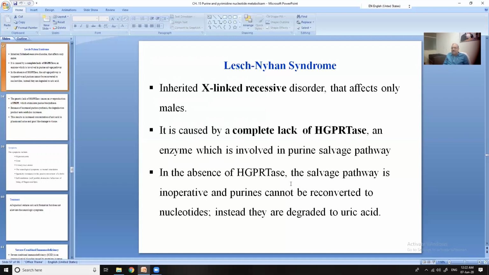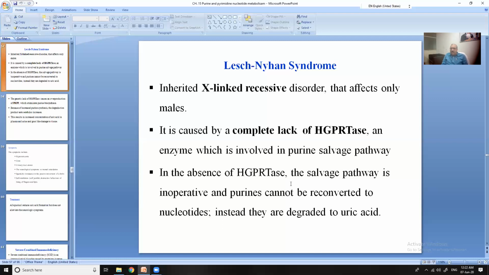Lesch-Nyhan syndrome, first thing I told you, is a genetic disease linked with X-linked recessive inheritance. It is only seen in males. Second, it is the deficiency of the HGPRTase enzyme. And third, when this enzyme is not there, the salvage pathway is inoperative, and purines cannot be reconverted to nucleotides.